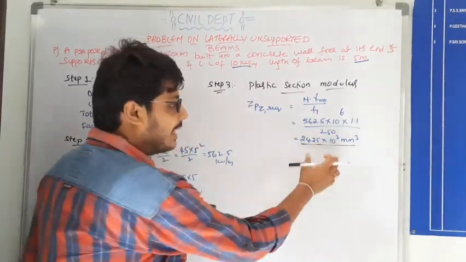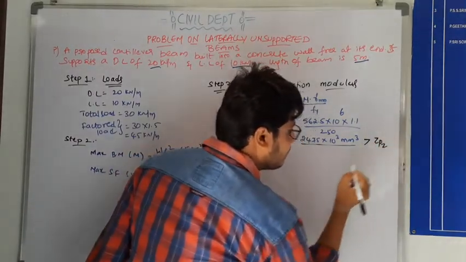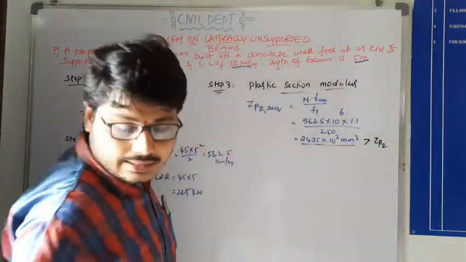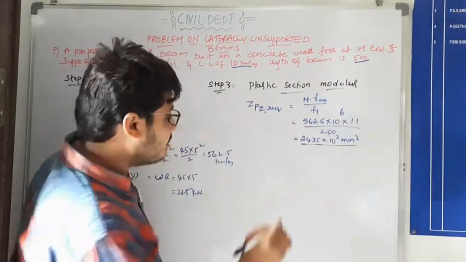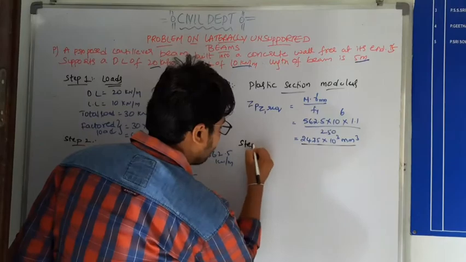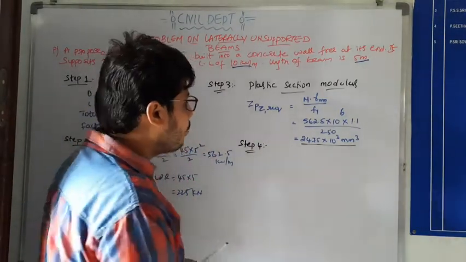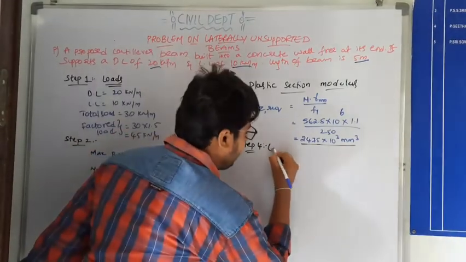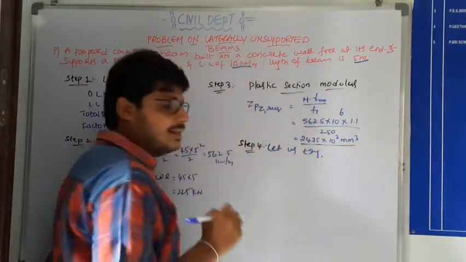So step 4 is selection of section. Now let us try. You should write, let us try.